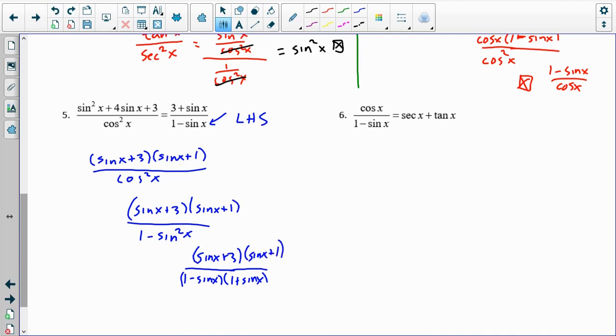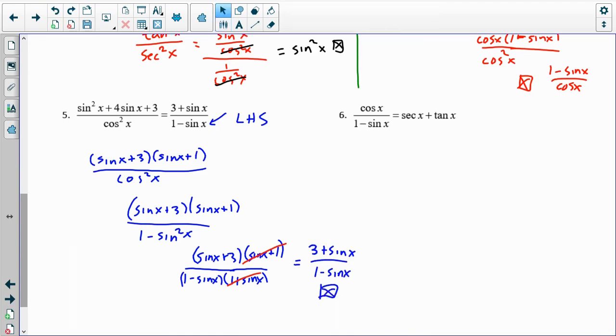And this is going to work out really well in our favor, because those cancel out, and I can use the commutative property of addition to put 3 plus sine x in the order that it wanted me to have it for the right-hand side.